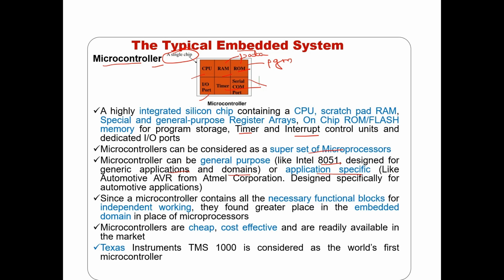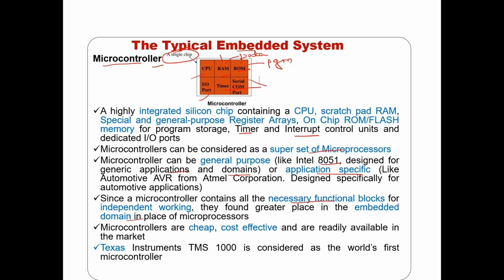Why do we use a microcontroller in a specific application? Because it has all the necessary functional blocks for independent working and has found a greater place in the embedded domain in place of microprocessors. Even though it has limited RAM and ROM, limited I/O ports, timers and serial ports, depending on which specific application has to be performed, the microcontroller will be very useful.